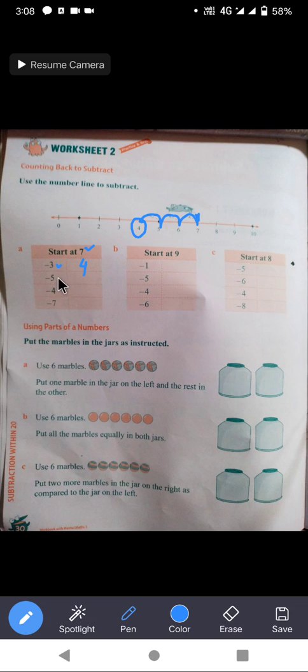So now let's do this one. This also we have to start from 7 and we have to subtract 5. So start from 7, you have to move 5 times backward.